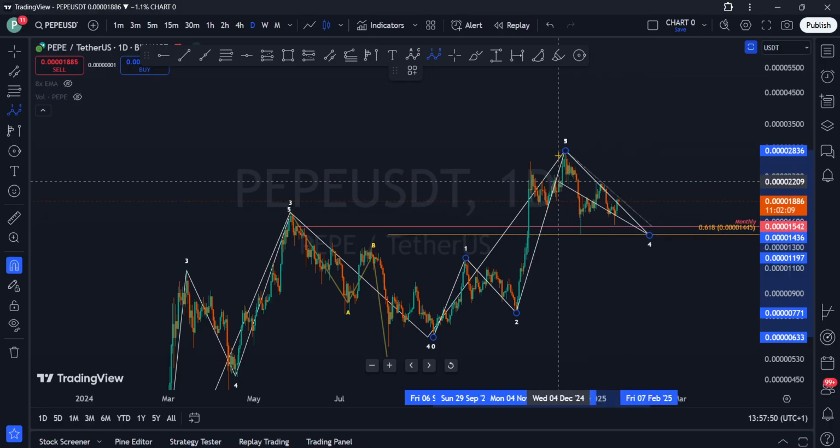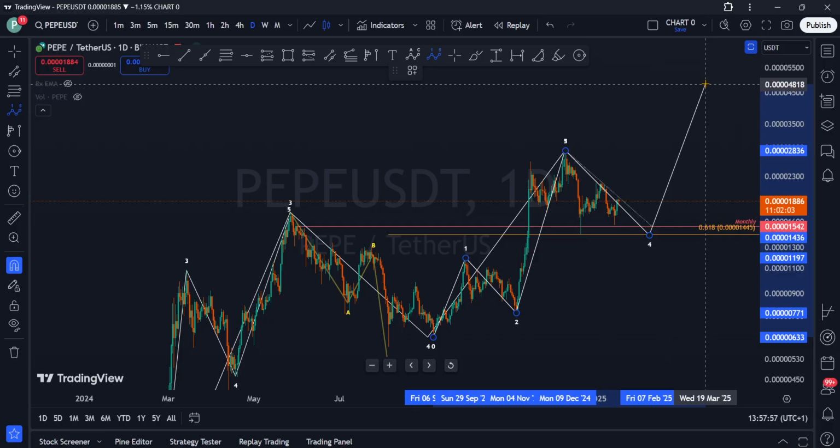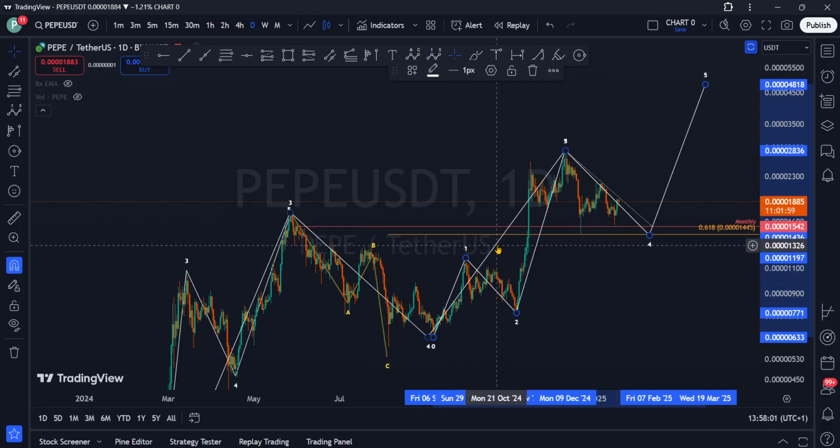As we can see, we only have the first, the second, the third, and the fourth wave currently forming. So that means that we're still left with one final impulse on PEPE.